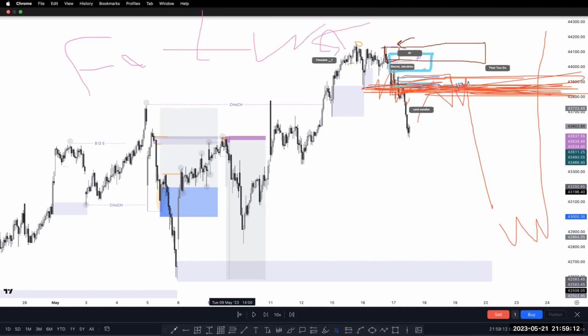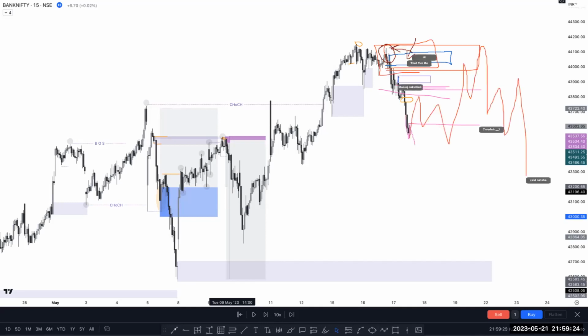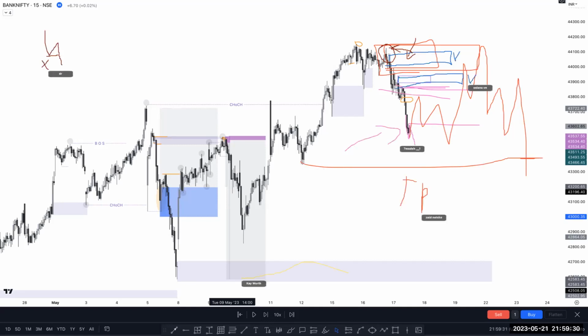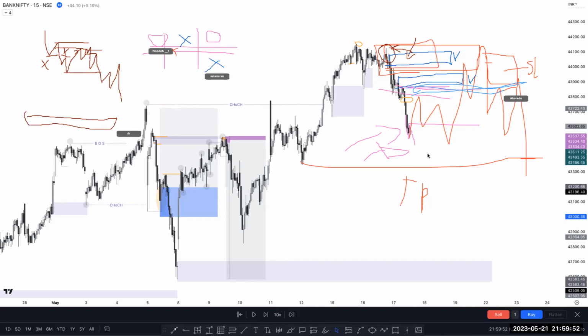Please don't overdraw. Okay, perfect. Yes, sir. Correct.